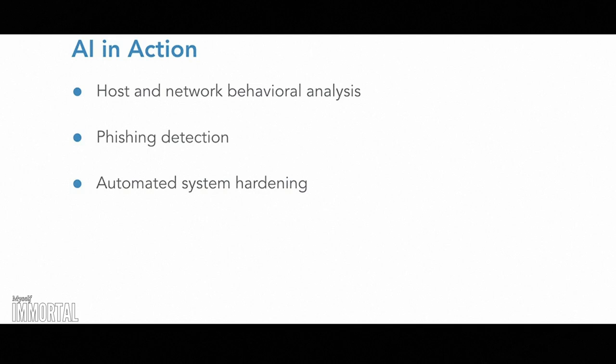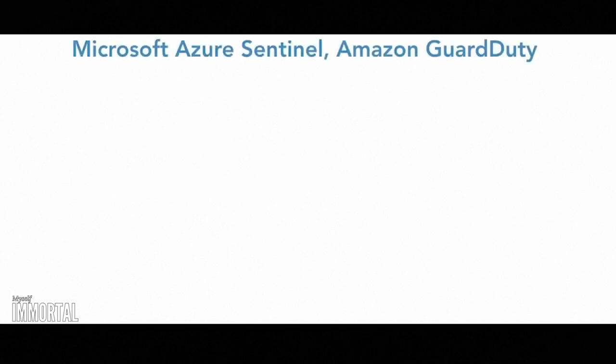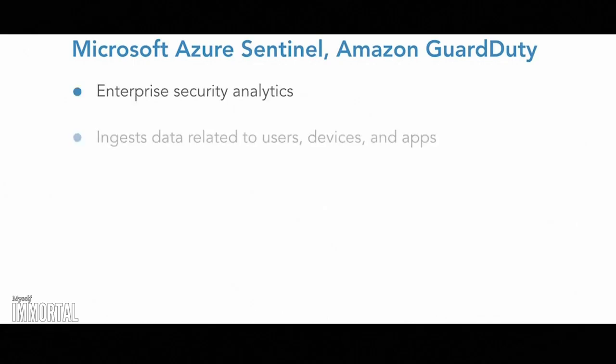for a security configuration. In the public cloud, we have options such as Microsoft Azure Sentinel or Amazon GuardDuty for Amazon Web Services. These are enterprise security analytics tools or services that ingest data related to users, devices, and apps and the related network activity.